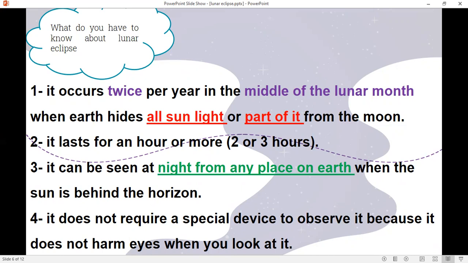It's not like the solar eclipse, where we need to take all the precautions and wear special glasses. No, for the lunar eclipse, we don't need special devices because no harmful rays come from the sun. So if I ask you to give a reason why observing a lunar eclipse doesn't require a special device, we can say that it doesn't harm the eyes when you look at it.